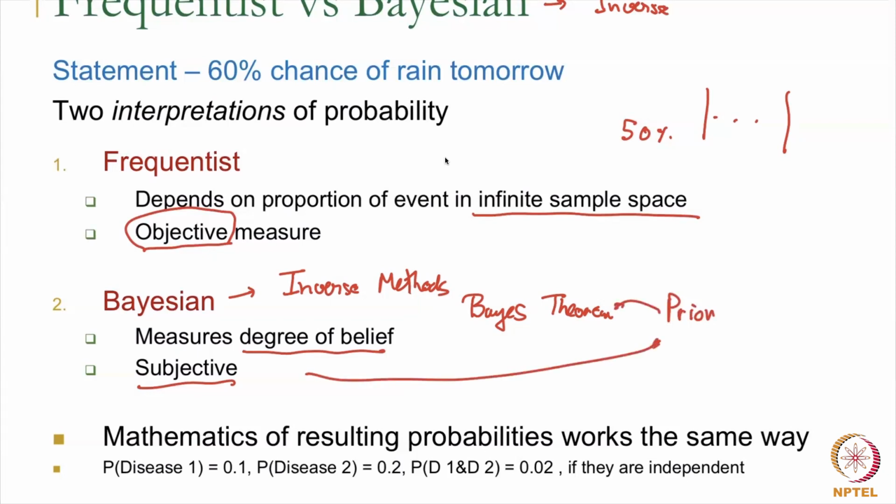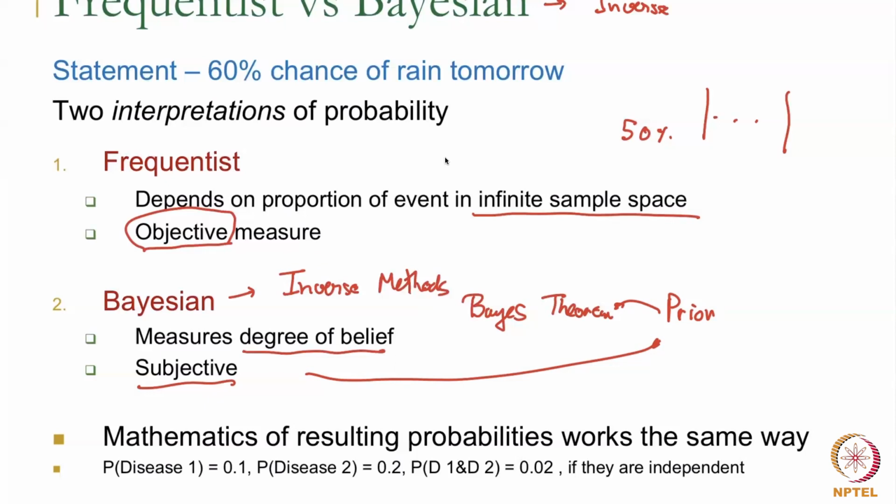And there has been a lot of debate over the centuries, and especially over the last century, about which view of probability is correct, because in some sense, towards the end, it has some subtle differences on how we calculate probabilities. But as far as we are concerned, within this course, the mathematics of probabilities works the same way within our limited context. We are not doing quantum mechanics.